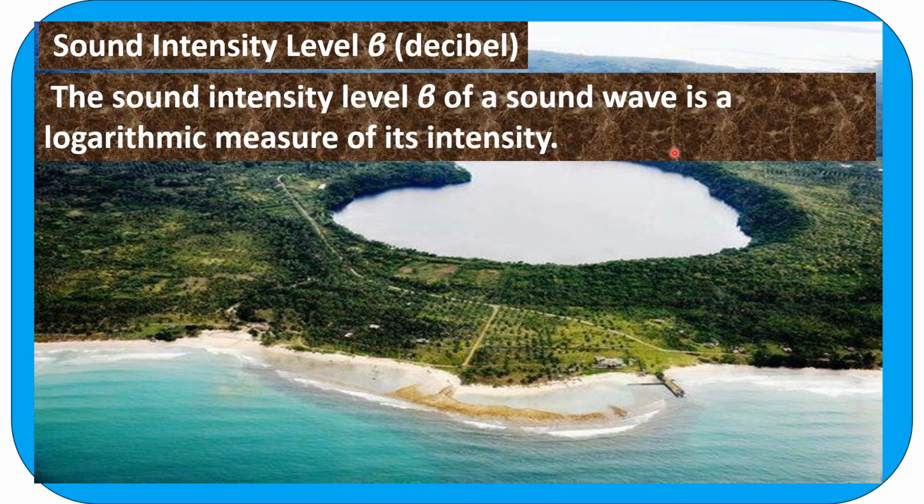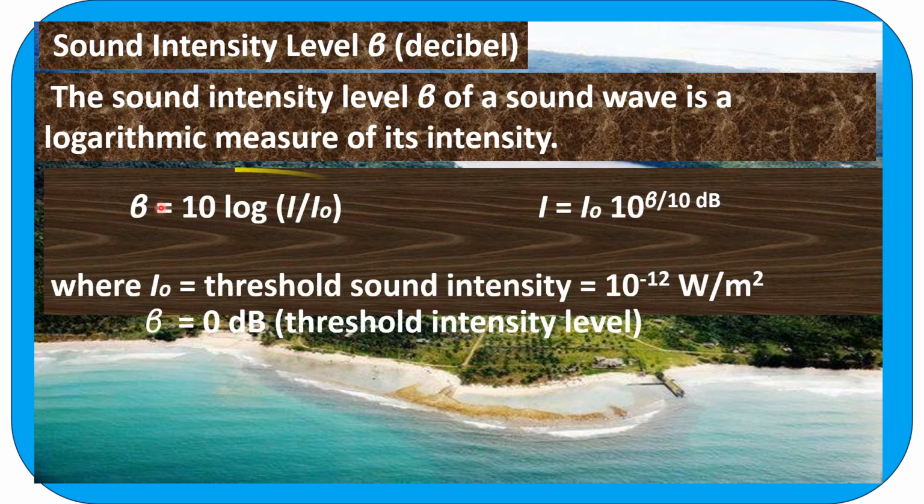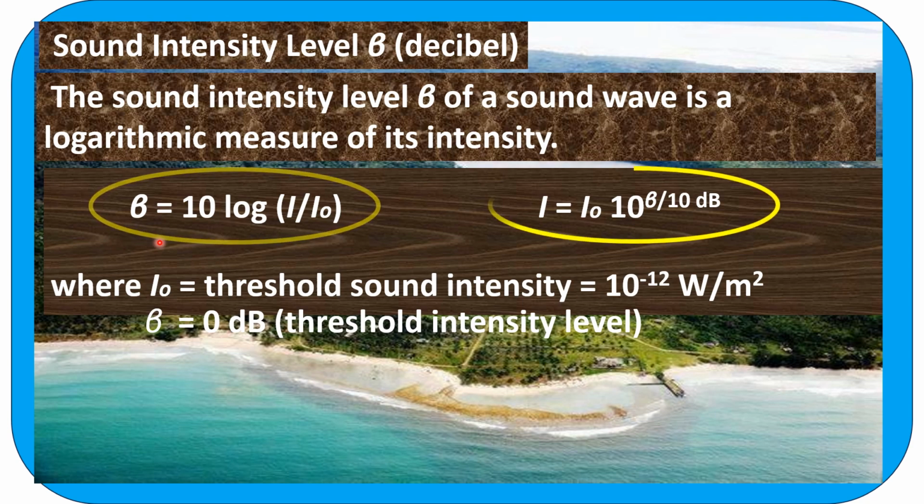We say that intensity level is actually a logarithmic measure of the sound intensity, and it can be determined mathematically using the formula beta equals 10 times the logarithm of the given intensity capital I over I naught, where I sub naught is called the threshold sound intensity, whose value is equal to 1 times 10 to the negative 12 watts per meter squared.